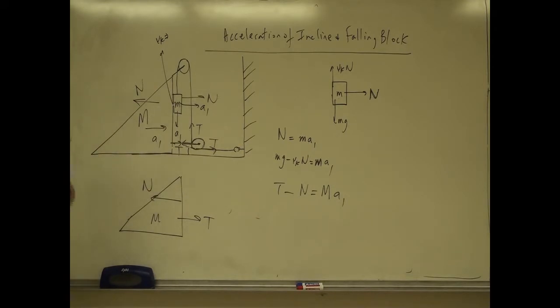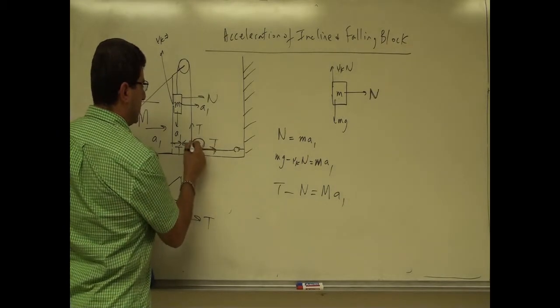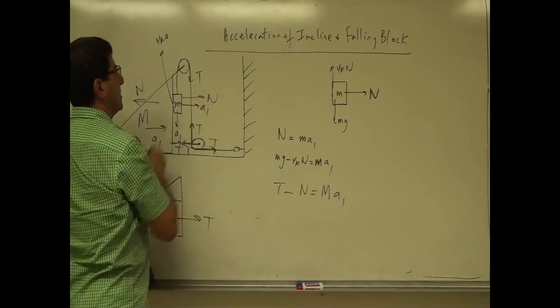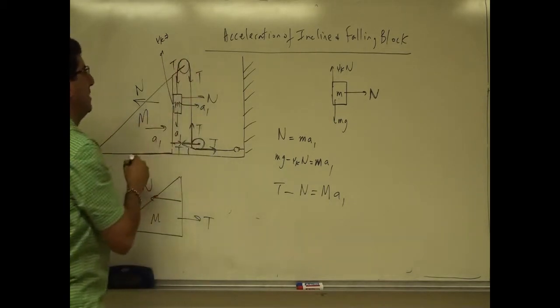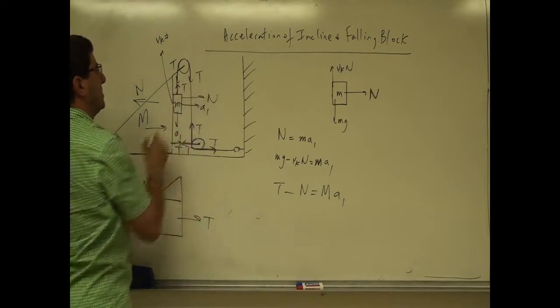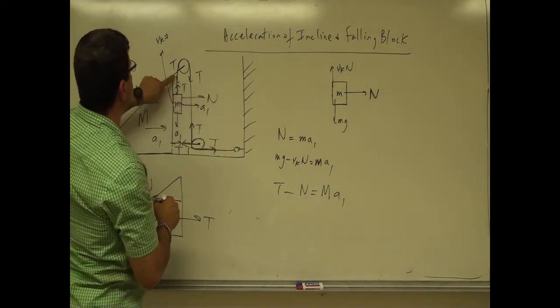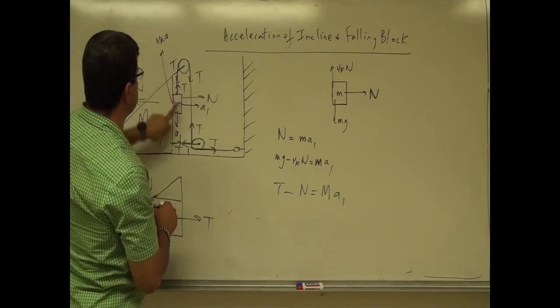Now let's follow the tension in the strings and let's follow what happens. There's a tension T here, then there's a tension T here, then there's a tension T pulling on the top incline this way, then there's a tension T this way, and then there's a tension T pulling it this way. All of these T's are the same, right? This T is the same, this T is the same, and then the tension T also pulls on the little block up.